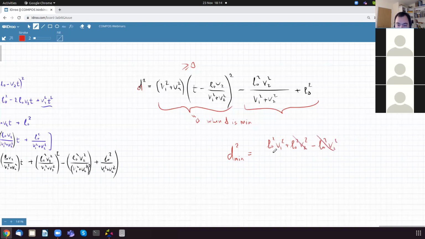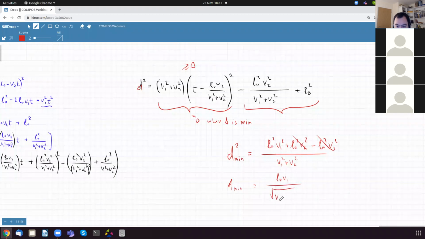And these cancel out. And we're left with V1 squared plus V2 squared. So d minimum is equal to L0 V1 divided by square root of V1 squared plus V2 squared.